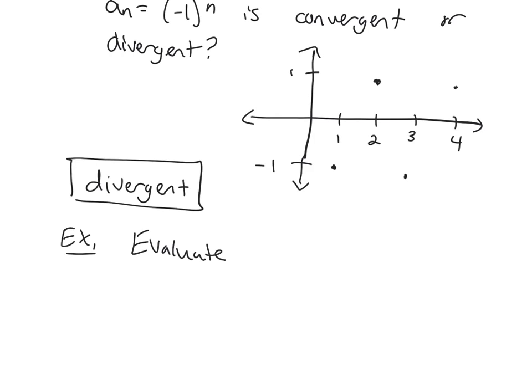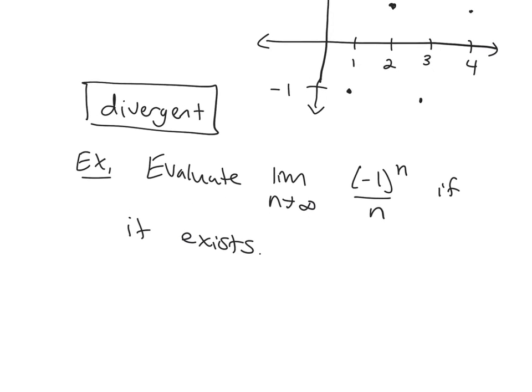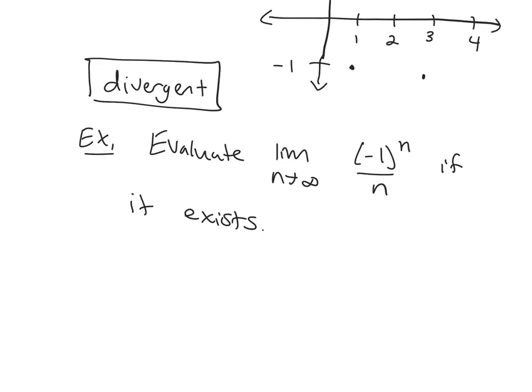Evaluate the limit as n goes to infinity, -1 to the n over n, if it exists. I gave you a theorem last time, so I'm going to recall that fact right here.